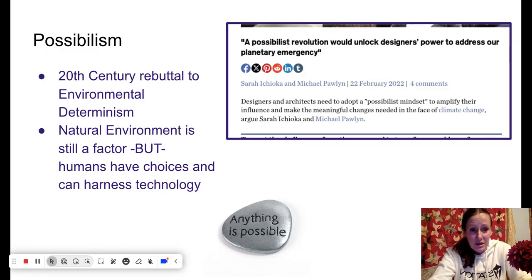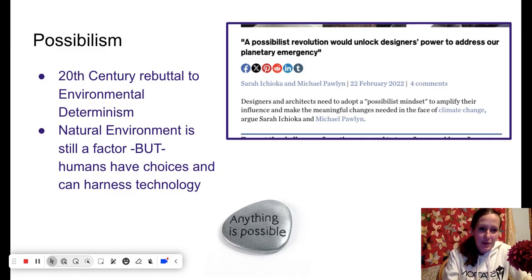So they don't discredit that the natural environment is a factor. It is, but it recognizes that humans still have choices, that humans can harness technology, right? Think of the world getting flatter, and if we all have access to a lot of this technology, then anything is possible, really, regardless of the geography.